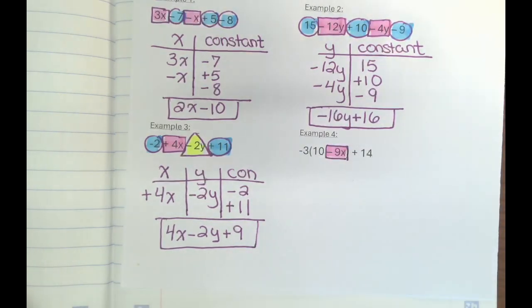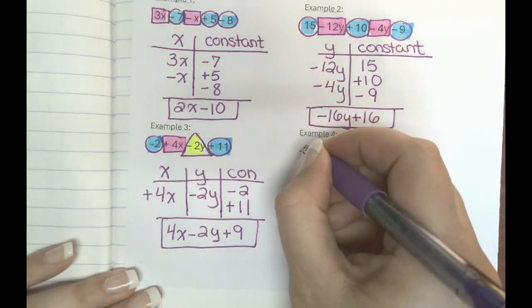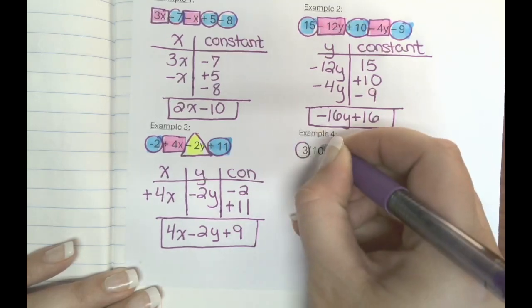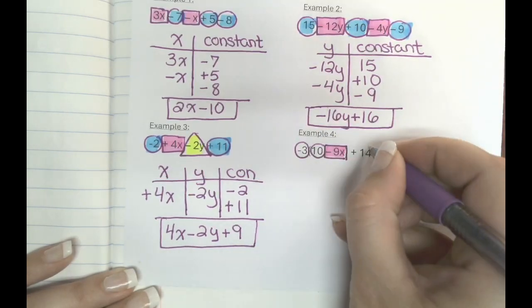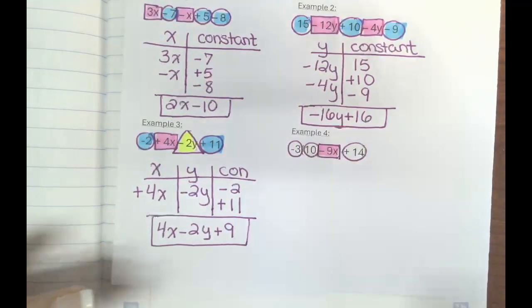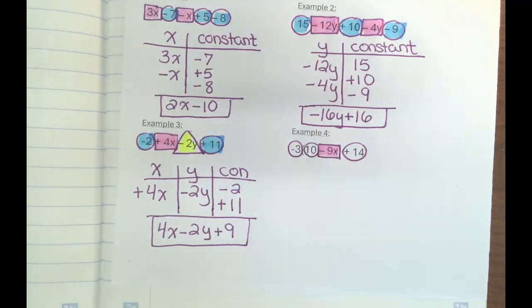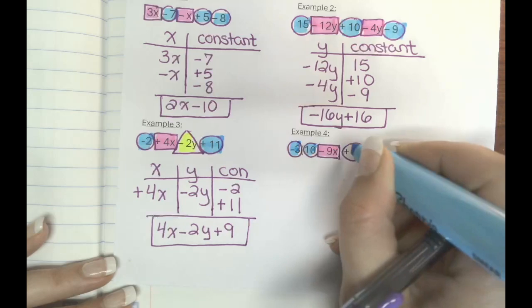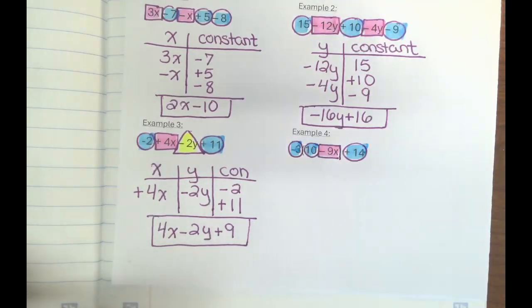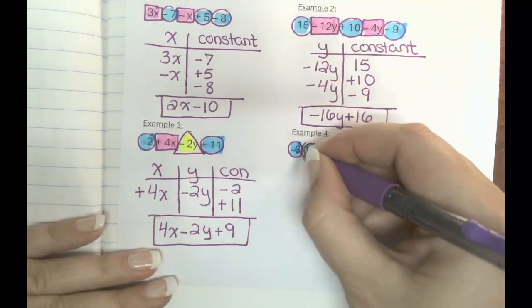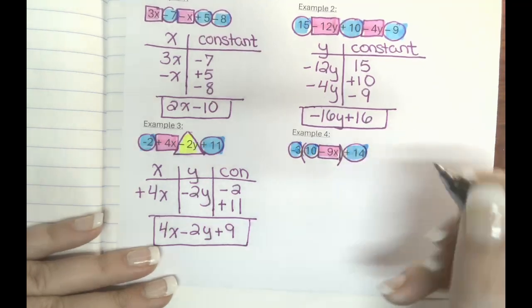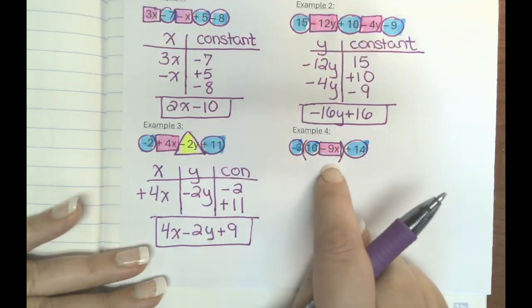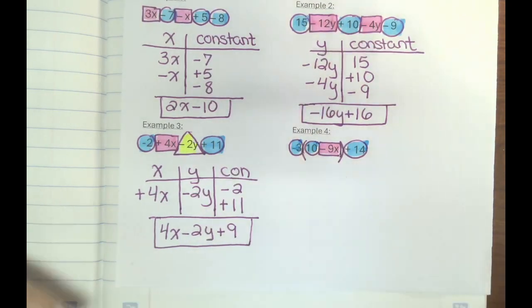And then I have a constant on the outside, a constant in the parentheses, and a constant at the end. Now with all of this circling and boxing in, my parentheses have gotten hidden behind my ink, so I'm just going to redraw those parentheses so that you can see them. So I have, again, 2 different terms within my parentheses.